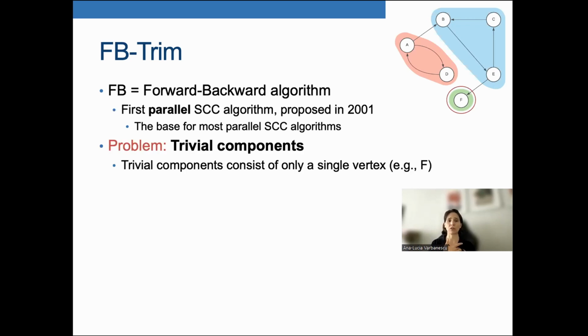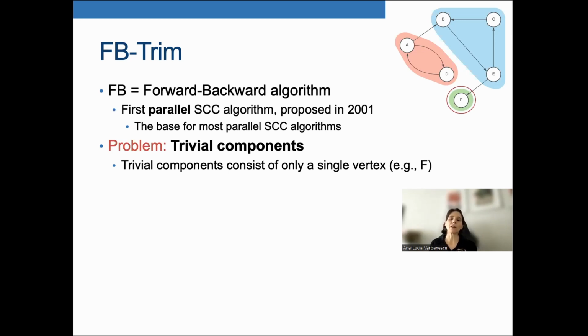And one of the optimizations that has been added to this algorithm is to solve this problem of trivial components, namely single vertex components that kind of slow down the breaking up of the graph. So if you have a very large graph and you keep breaking it into very small trivial components, the process takes very long, because instead of really splitting this in a more balanced way, you keep splitting it into trivial components.